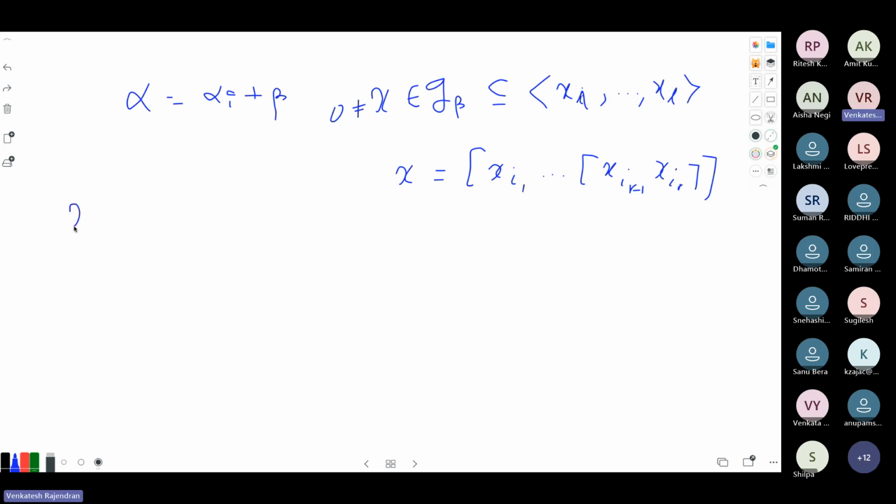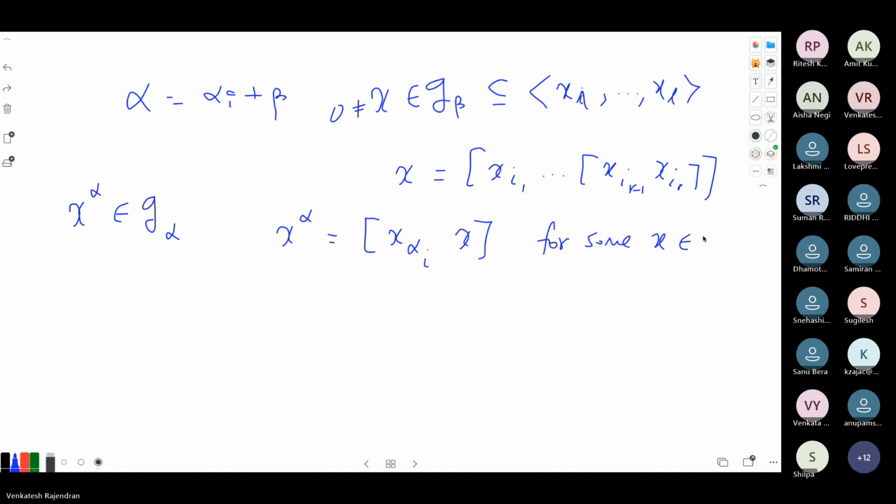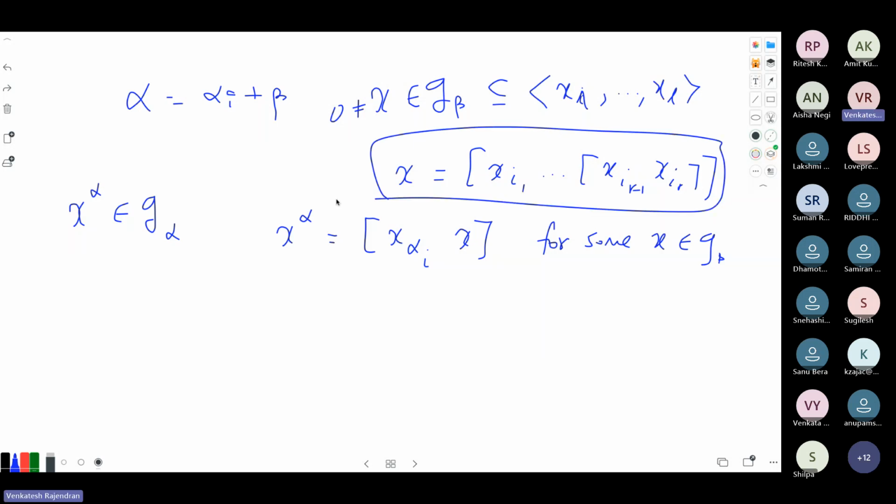So you choose, say, x alpha in g alpha, and then you apply induction. So then it becomes clear that this x alpha is inside this subalgebra generated by x1, etc.